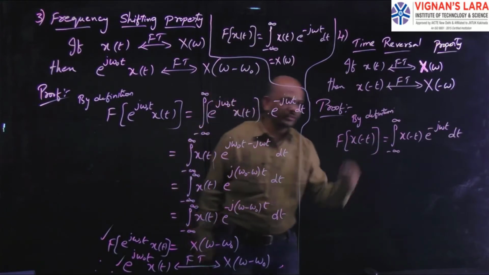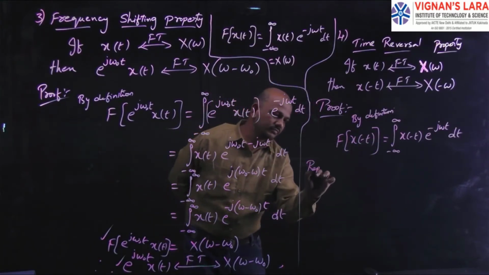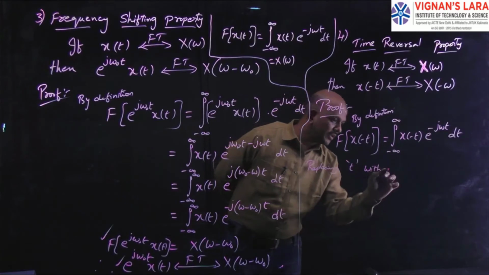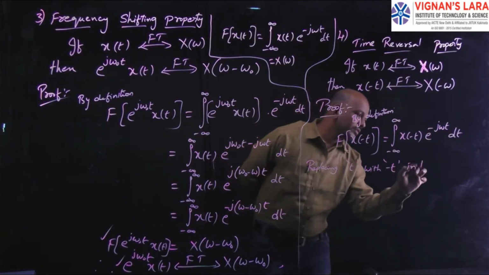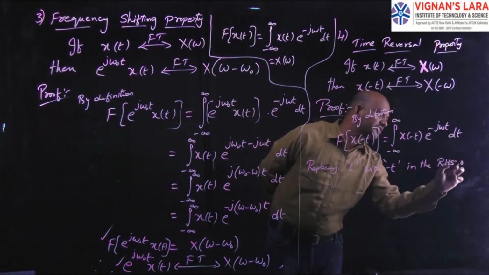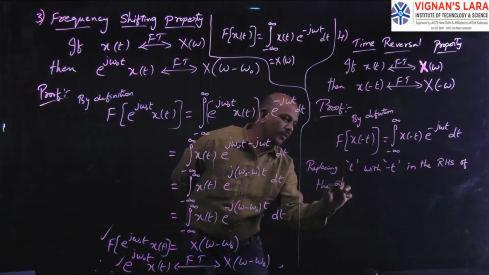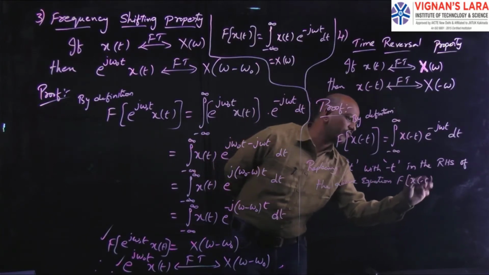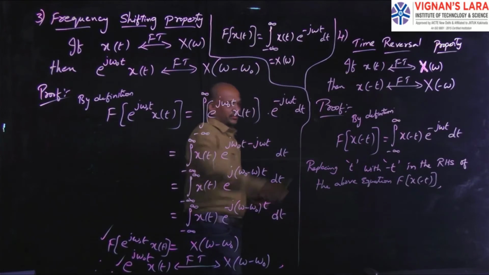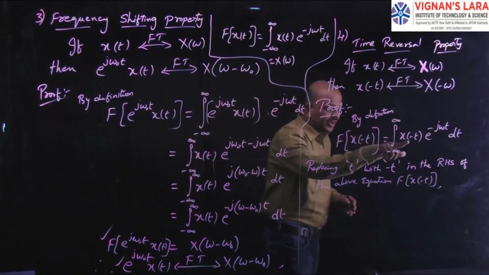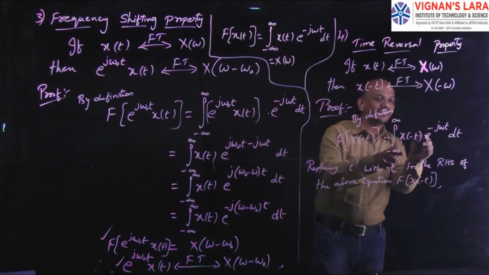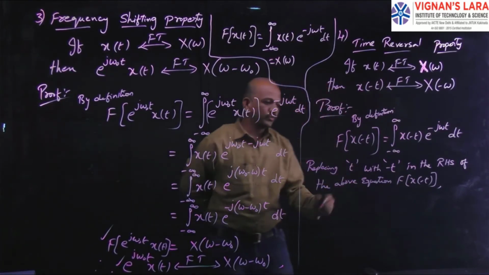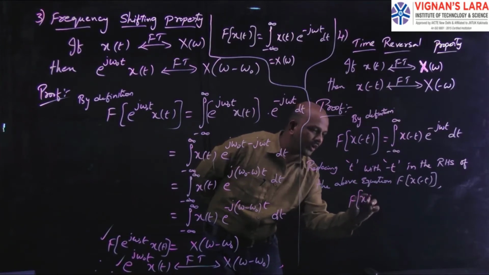Now, in this equation, I am replacing t with minus t in the RHS of the above equation, that is the Fourier transform of x of minus t.